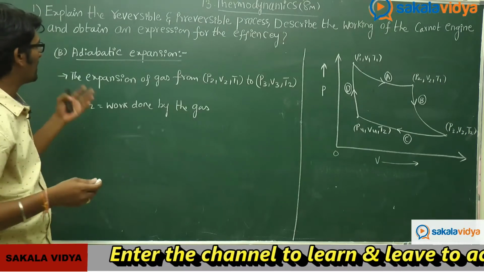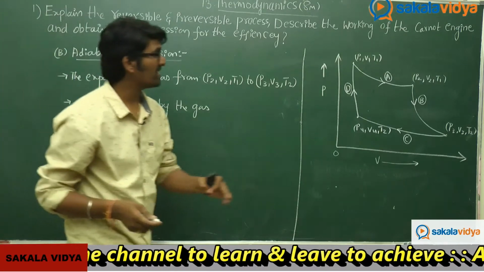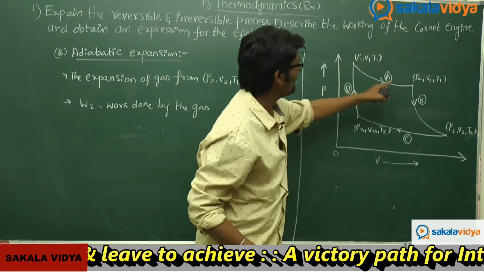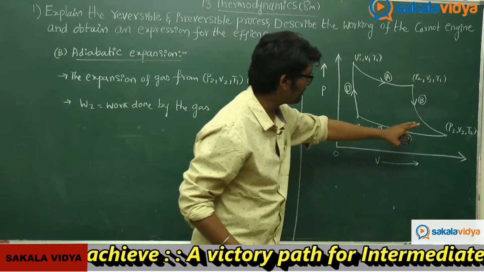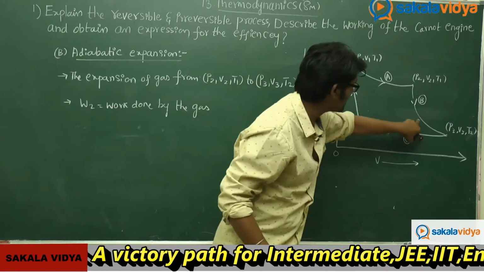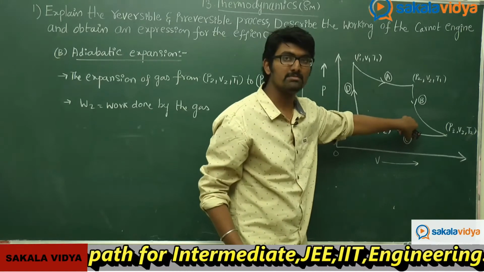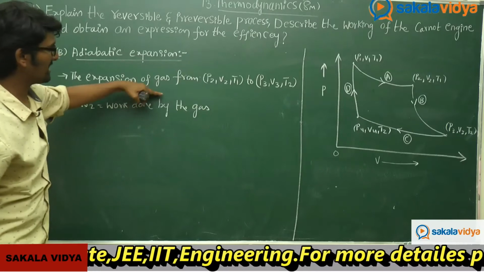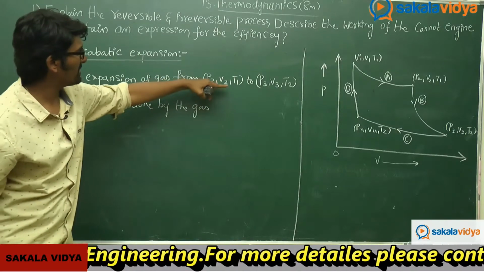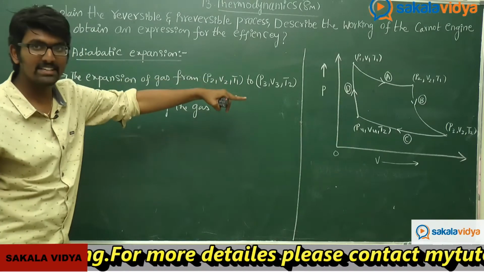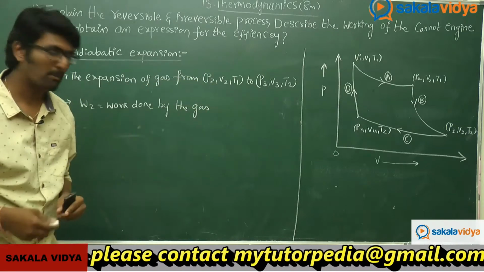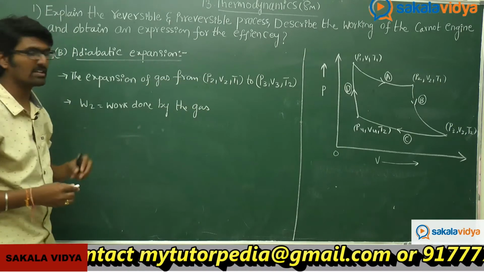So this is the isothermal expansion. Now adiabatic expansion: if you see here from this point to this point, it changes from P2 V2 T1 to P3 V3 T2. So this region is called adiabatic expansion. The expansion of gases takes place from P2 V2 T1 to P3 V3 T2, where P is pressure, V is volume, and T is temperature. Here W2 is the work done by the gas.